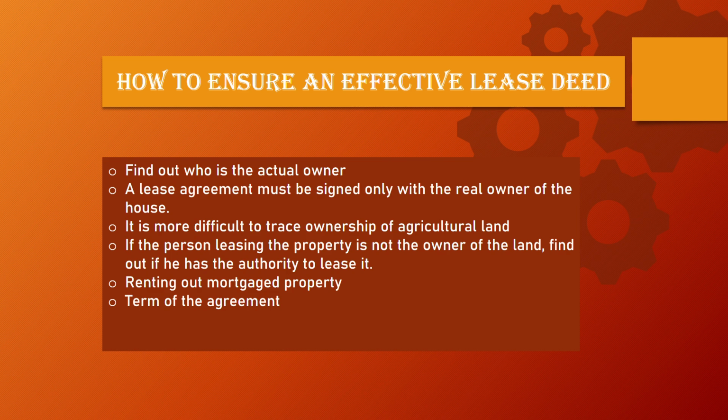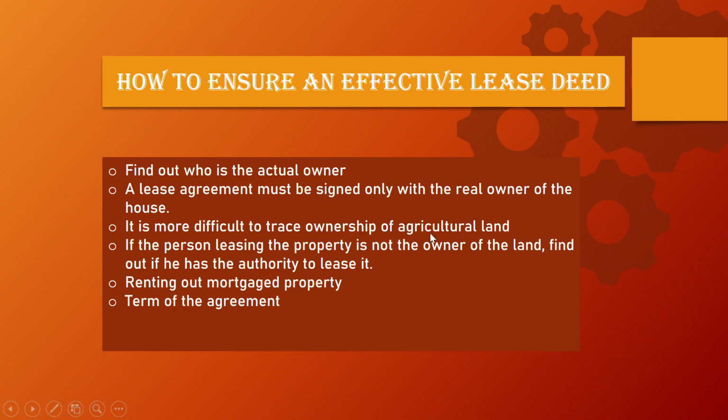You can also request the owner to show the title deeds of the property, which will mention how the land was originally allotted by the government authority and how its ownership was transferred. This must be done before paying the security deposit or any type of advance payment.